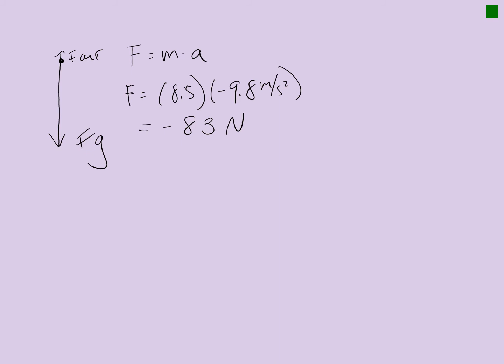In our second scenario, it's reached terminal velocity, which means that it's no longer accelerating, which means that our net forces are equal. So the force of gravity at this point is equal to the force of the air resistance. So these forces are equal and opposite, which means that there is no net force.